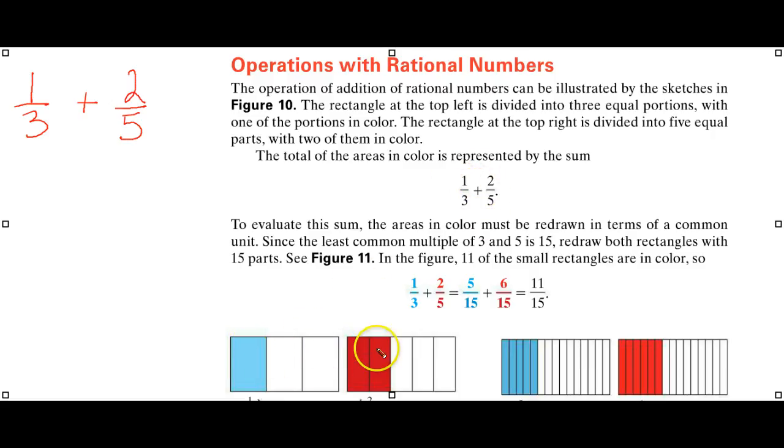So when we are dealing with fractions, we must have what are called common denominators so that the numerators reflect a true value in terms of the other. So what do we do? Well, we have to have a common denominator.